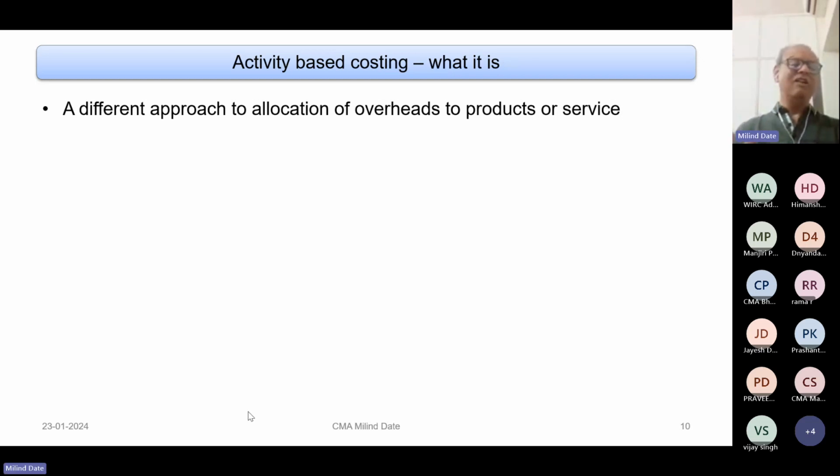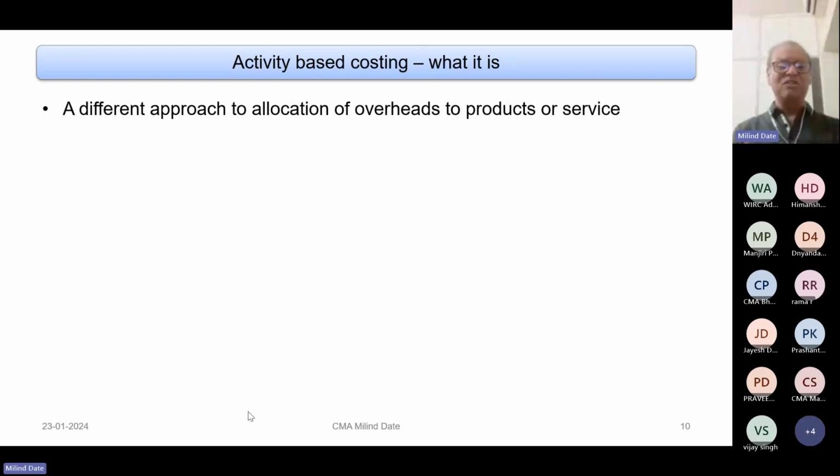In a market where competition is not huge, the markets are stable more or less, the demand for your product is not very elastic, in those circumstances, using traditional methods is okay.